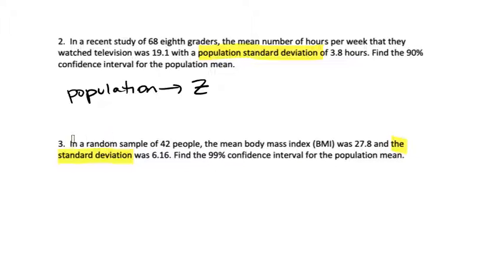However, if we go back here, it's in a random sample of 42 people. The mean was 27.8. If you take that part out of the sentence, it's clear that in a random sample of 42 people, the standard deviation was 6.16. That's a sample. And so when we have a sample, we are using T.